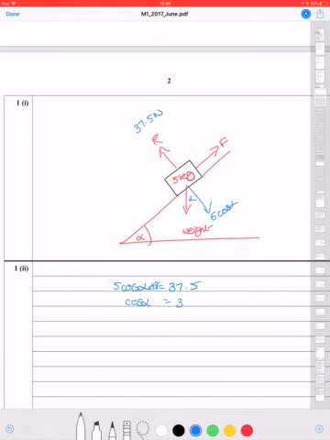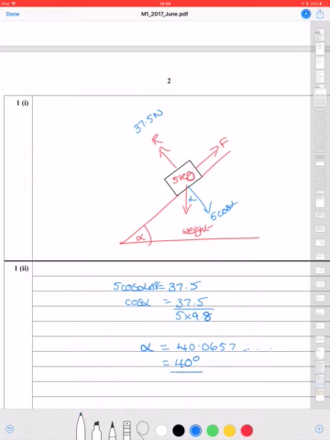So equals 37.5 over 5 times 9.8, and you should get that the angle is 40.0657, which is 40 degrees.